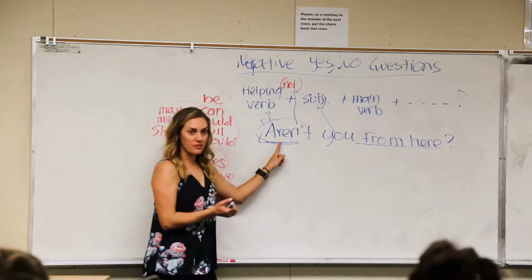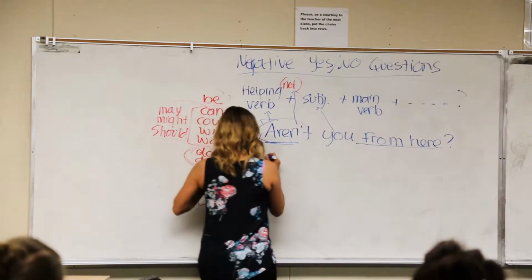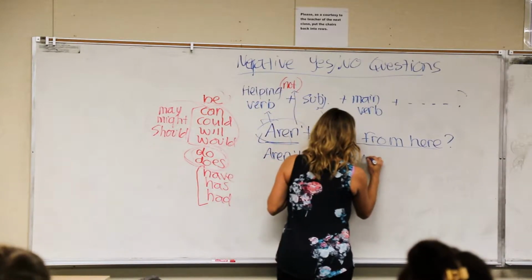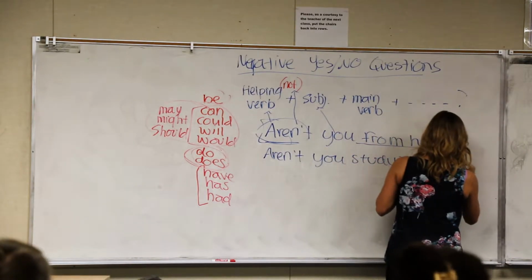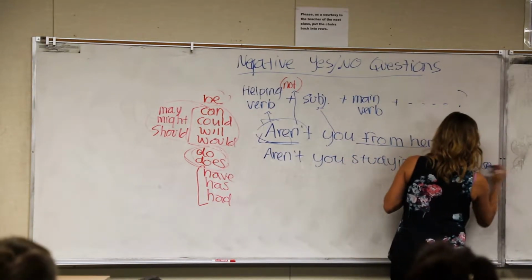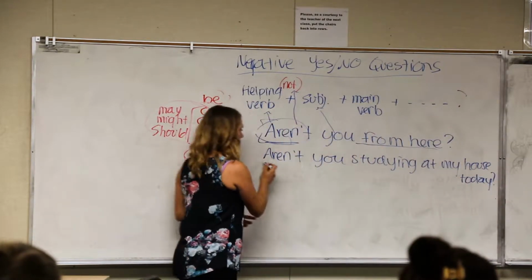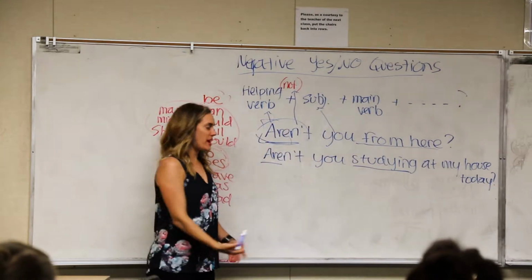We only have a main verb with be when it's progressive. For example, aren't you studying at my house today?